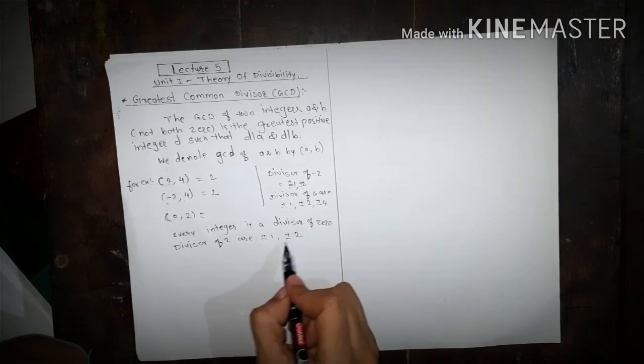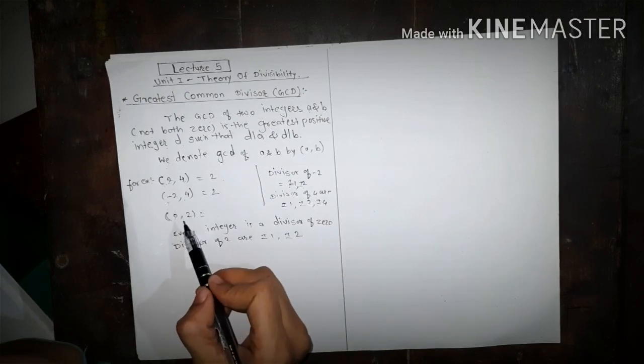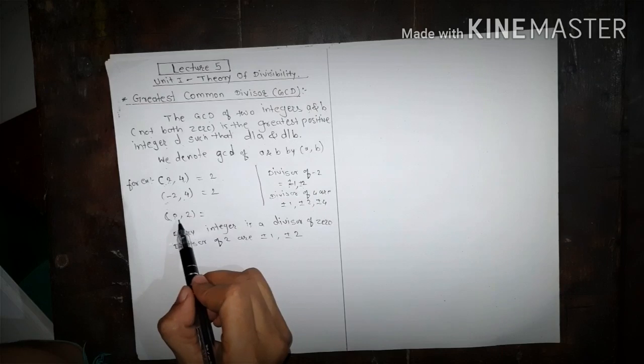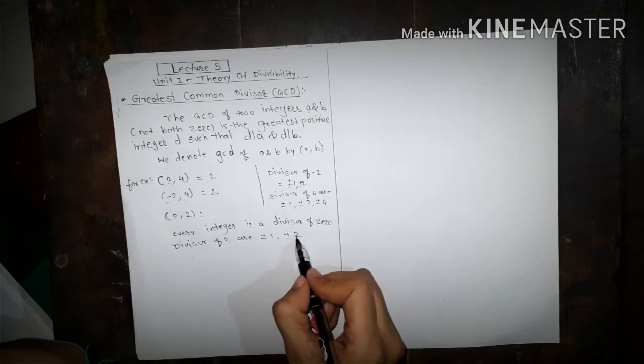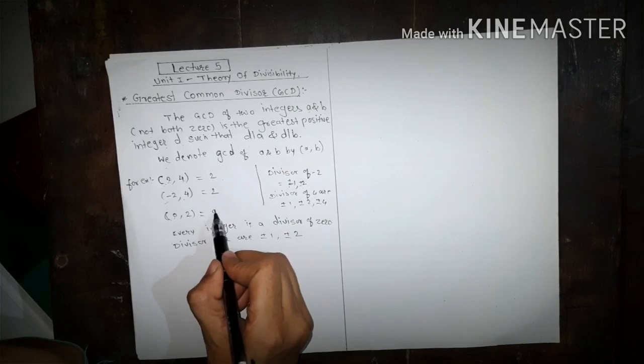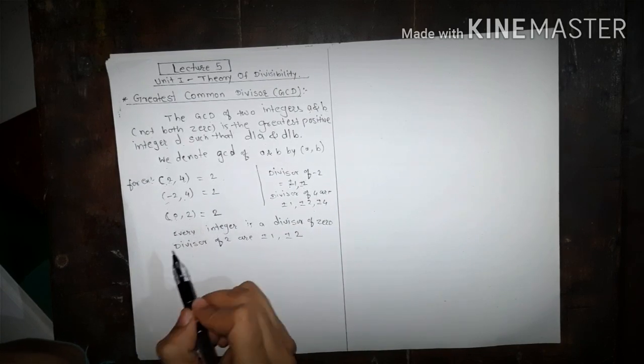So the greatest positive divisor which divides both 0 and 2 is 2. So we write the GCD of 0, 2 equals 2.